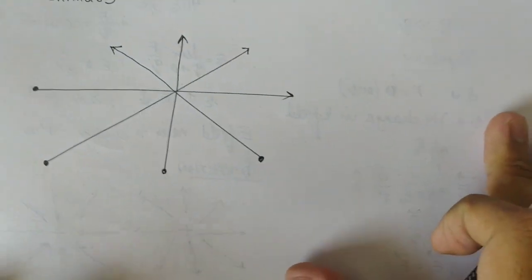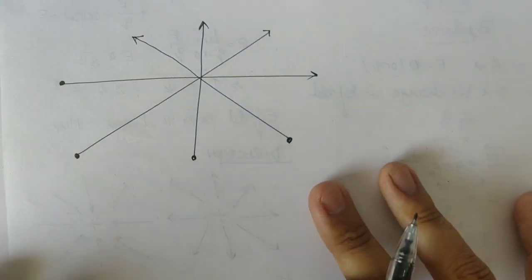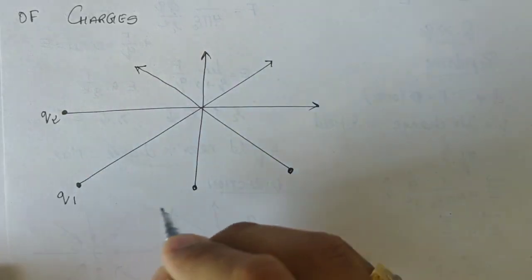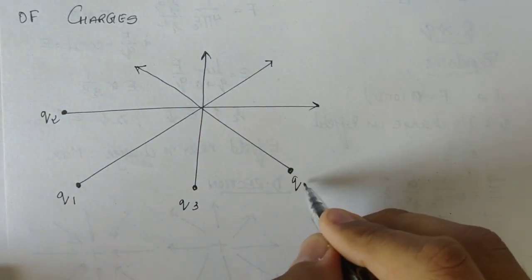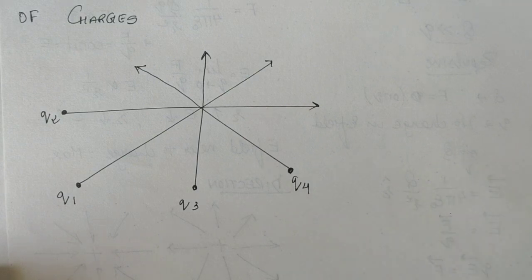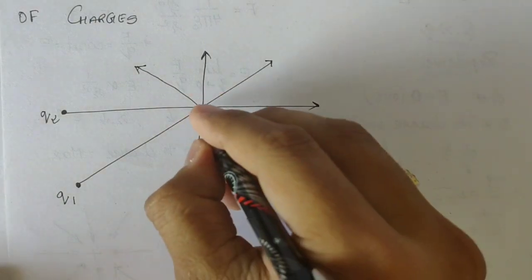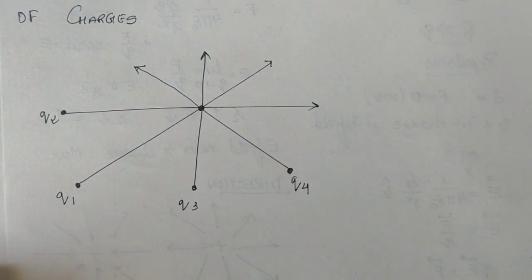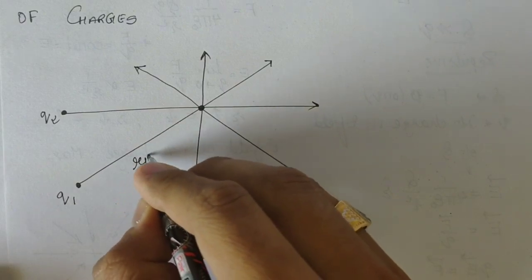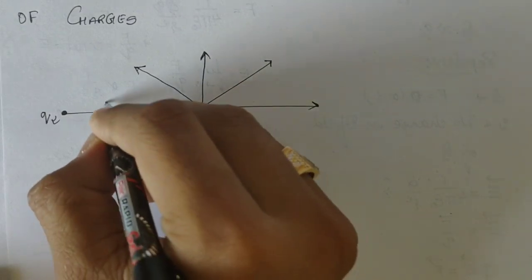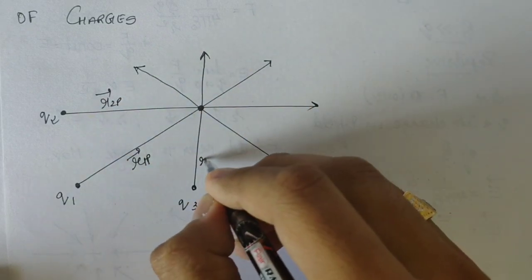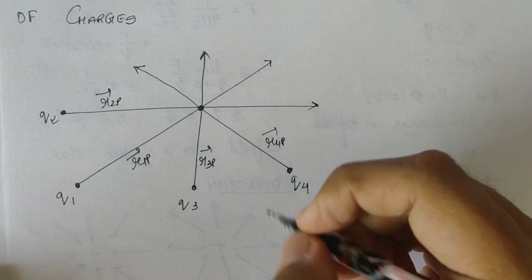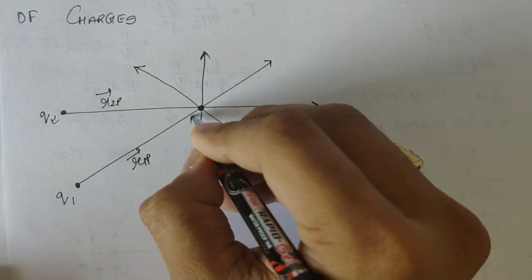Now let's give them names, any arbitrary names: Q1, Q2, Q3, Q4. From a reference point, the distances are R1P, R2P, R3P, and R4P. These are the position vectors, and this is a point P.